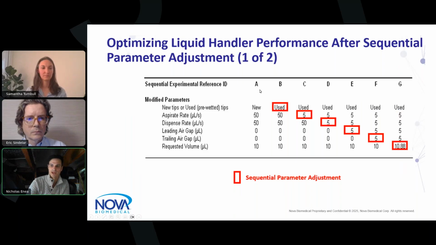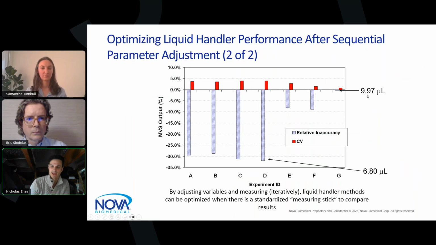We kind of did that with this example in general. We had a few different variables that we were looking at, and we adjusted one at a time. And with that, we could see what happened to the liquid class based on those individual variables. So we basically took each of those variables, we optimized it over time, and then we're right around with our last variable in those consistent trends to that 10 microliter mark that we were after in general.